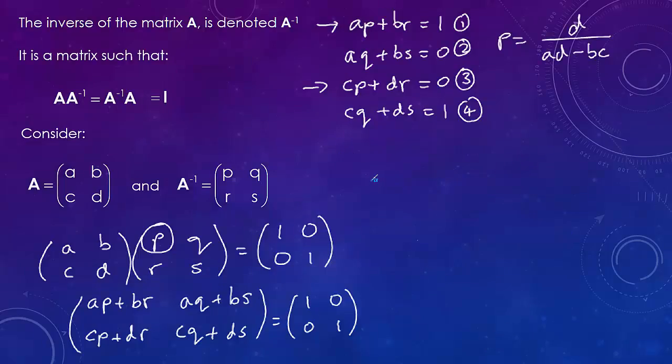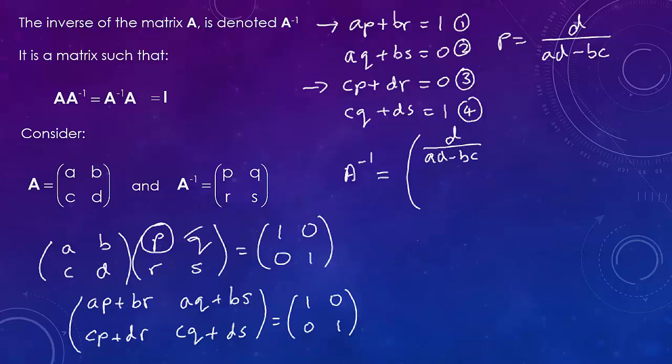Now we can actually repeat the whole process for each of the P, Q, R and S, but that's going to take a long time, so I'm just going to say what the result is. We've seen how it works for P. So P ends up being D over AD minus BC.